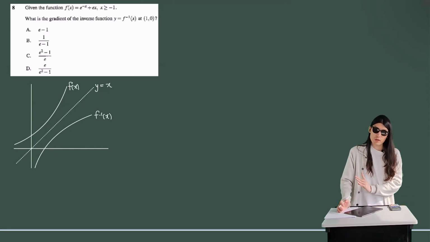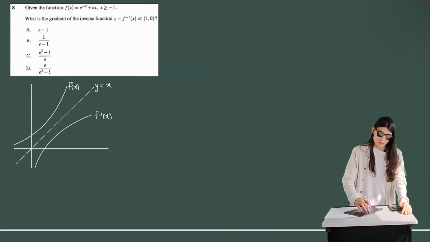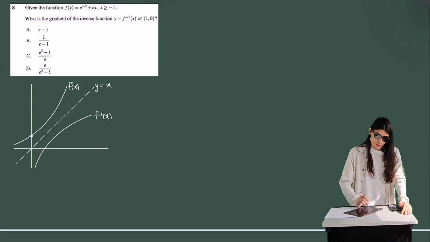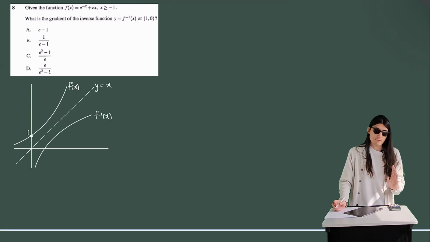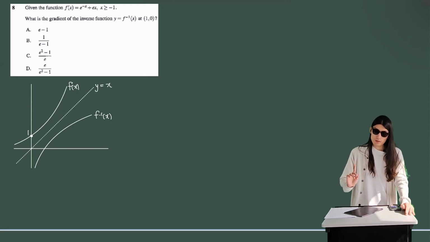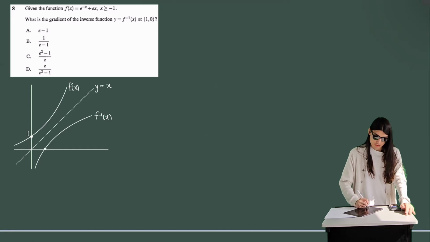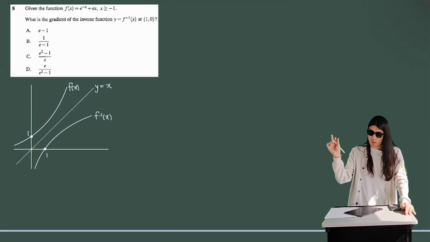And the actual property that I'm trying to get students to recall is that if you have a point that lies on your function, for example, in my example, I've got the point 0, 1 lying on your function, then you have a corresponding point that lies on your inverse function, and that corresponding point just has the x and y coordinates flipped around.